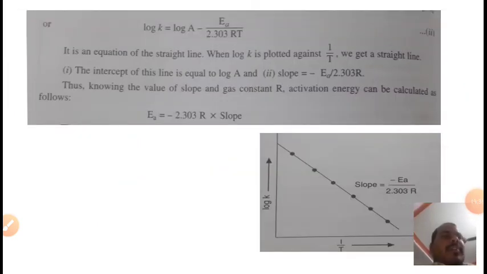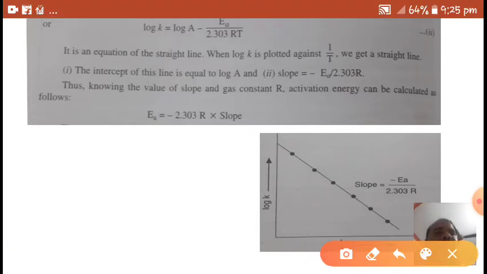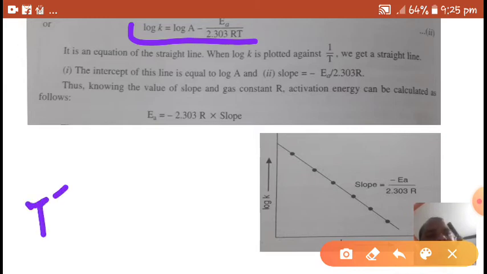From the graph also we can calculate the activation energy. The Arrhenius equation, log K is equal to log A minus EA by 2.303 RT, is an equation of a straight line, like y is equal to mx plus c.